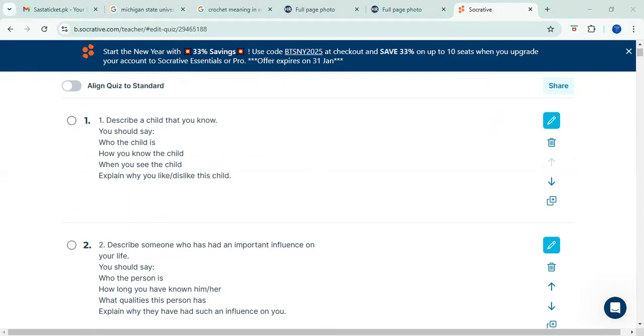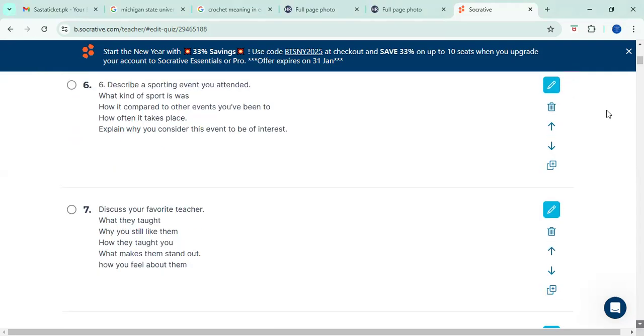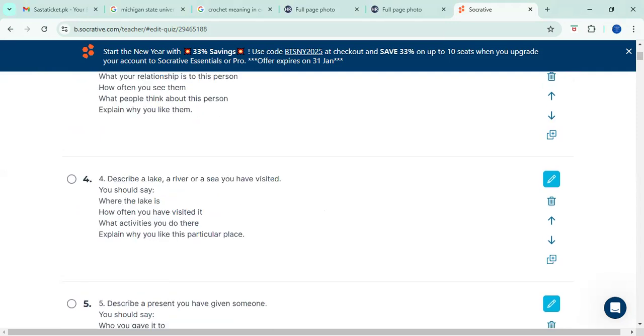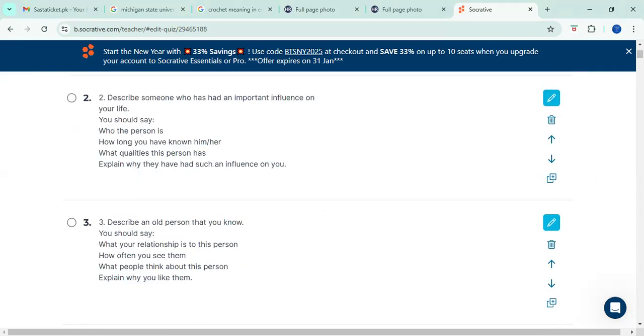Okay, now next is number two: describe someone who has had an important influence on your life. Should it be described in past, present, or future?